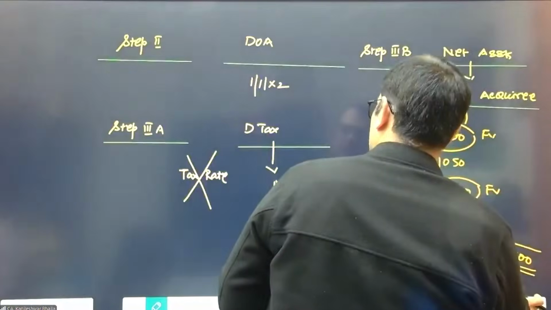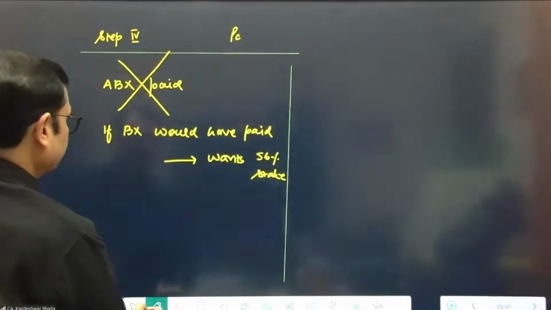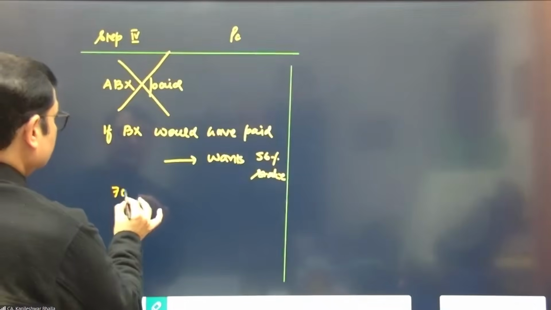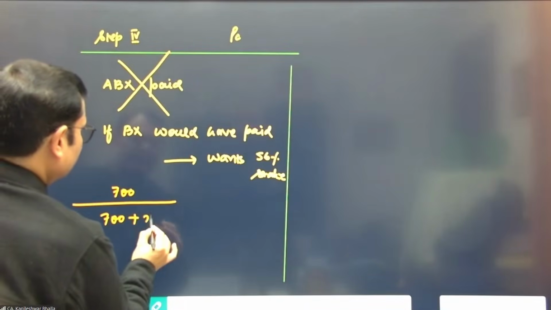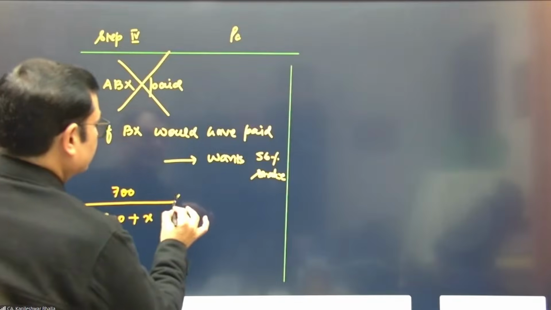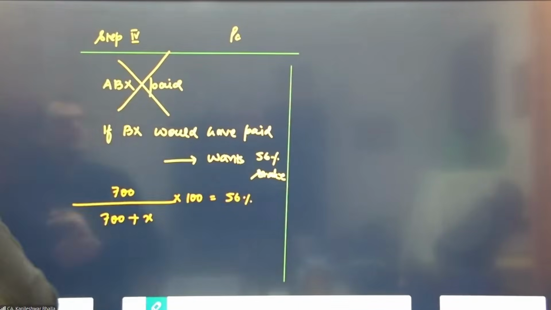So let's come back to the agenda. If I calculate this, BX has got 700 shares. Let's assume he would have issued X number of shares to the shareholders of AX so that he is able to maintain a 56% stake. Let's calculate what would have been the value of X in this case.